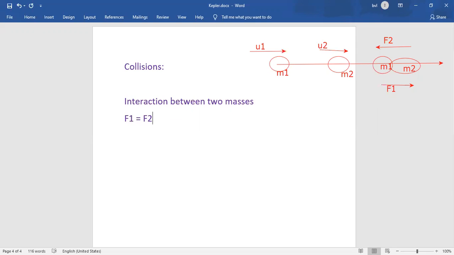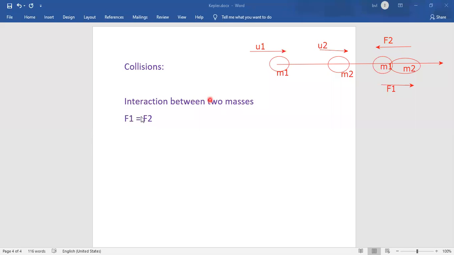But what's Newton's third law? Action equals minus reaction. What's action here? Action is the force F1, which is applied on M2 by M1. And what's reaction? Force F2 applied by M2 on M1. Action equals minus reaction, because they are in opposite directions.